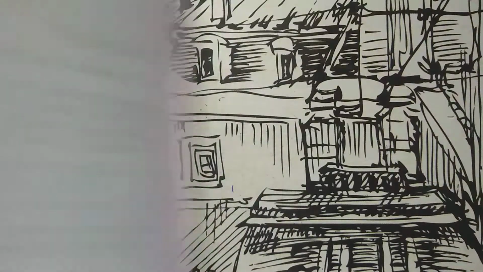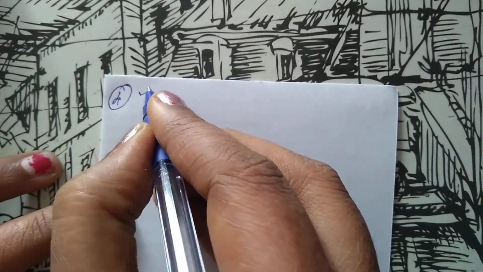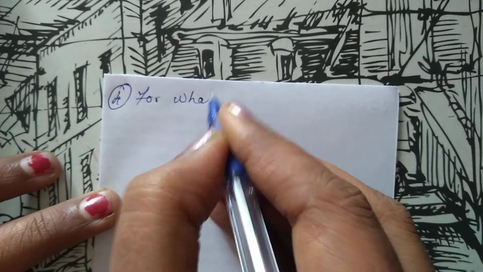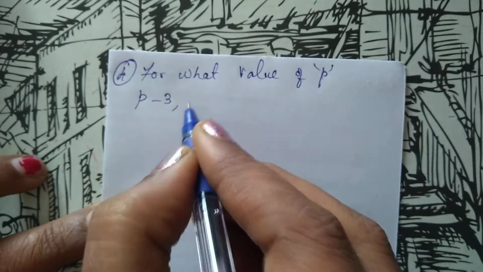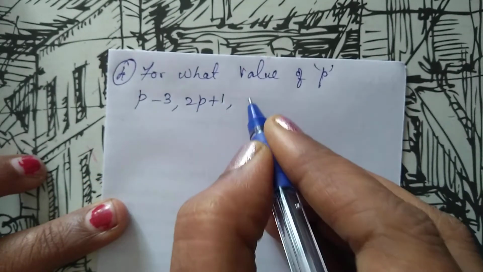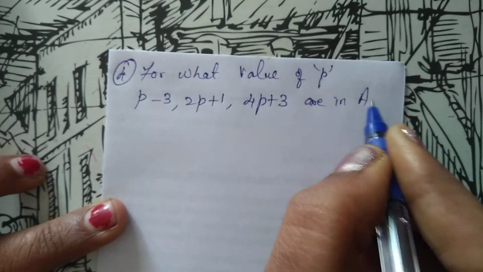Now, based on this concept, we may have a sum like this. For what value of P are P minus 3, 2P plus 1, 4P plus 3 in AP?